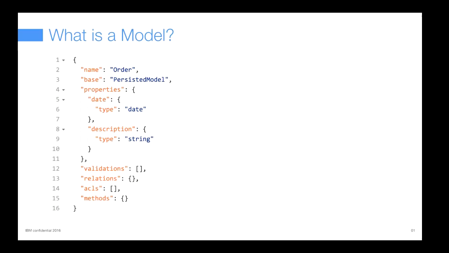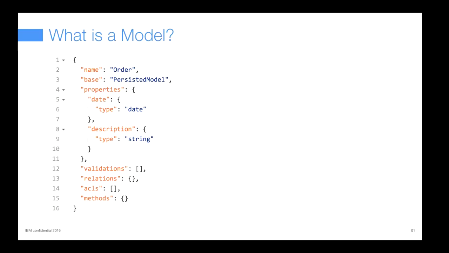So what is a model? This is an example of an actual model definition, is what we call it in LoopBack. It specifies the model name, but as a user of LoopBack, what you're trying to do by creating a model is tell LoopBack about the structure of the data.